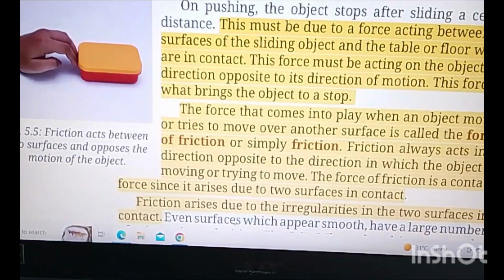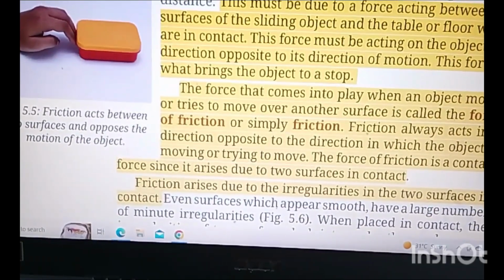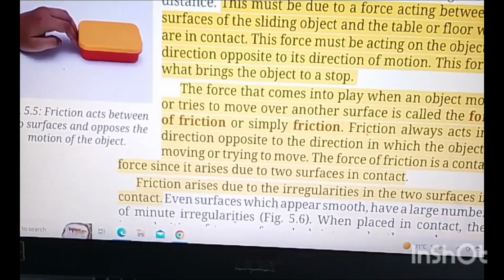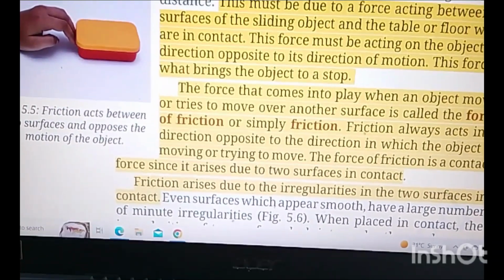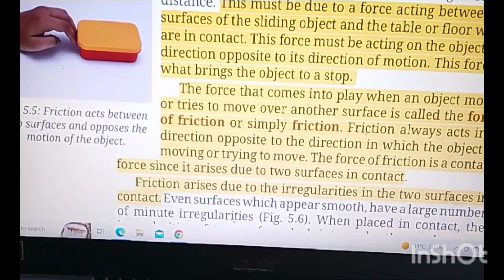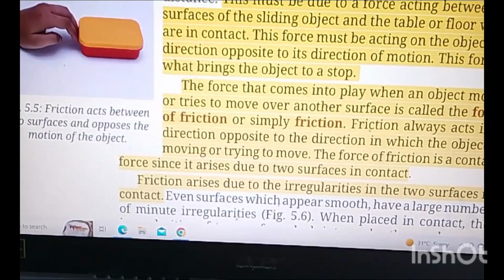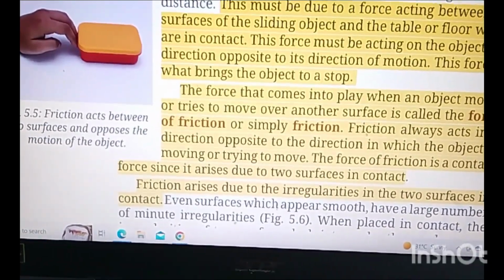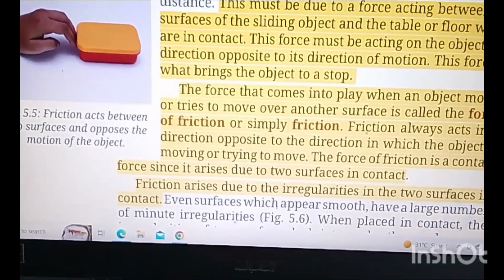And we also realize that this friction will be more in the case of a rougher surface. If the sliding surface is rough, more friction will be there. If the surface is smooth, suppose in the case of a wet floor, there will be reduced friction.